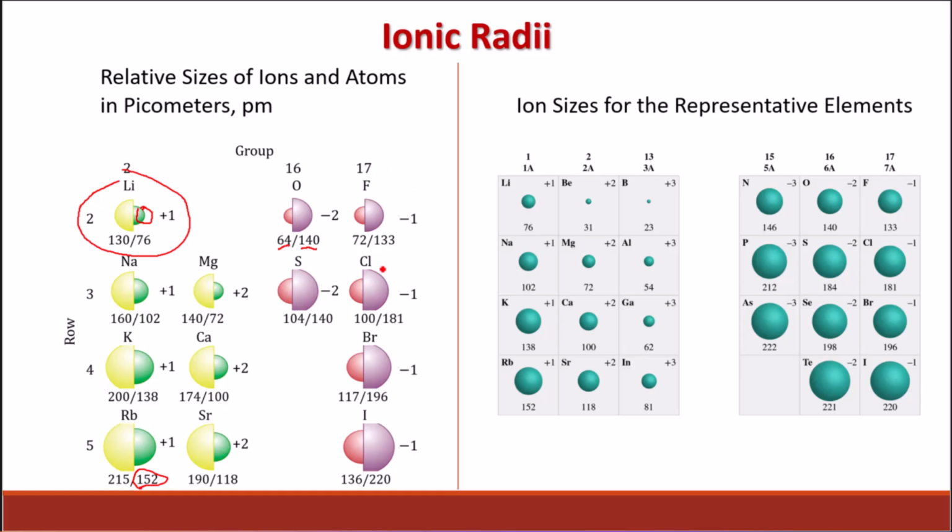Now, just as you go down the periodic table, it's the same trend as for atoms. Everything tends to get bigger from top to bottom, and everything tends to get smaller going from left to right. Top to bottom, bigger, left to right, smaller. Okay, all right.